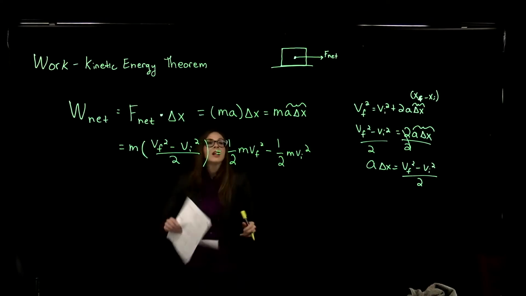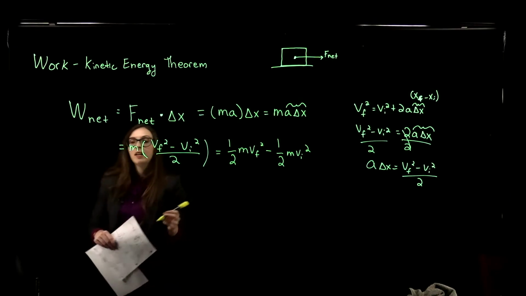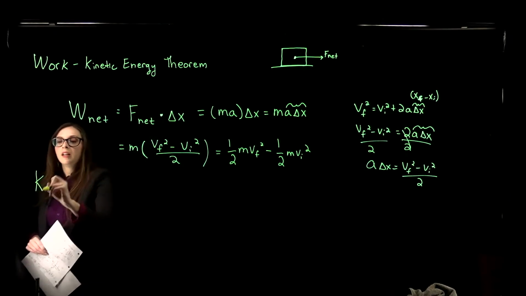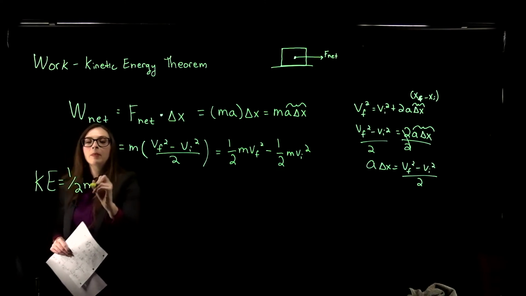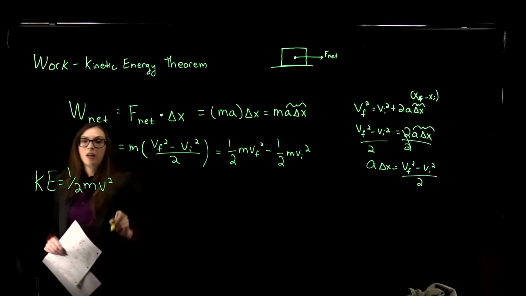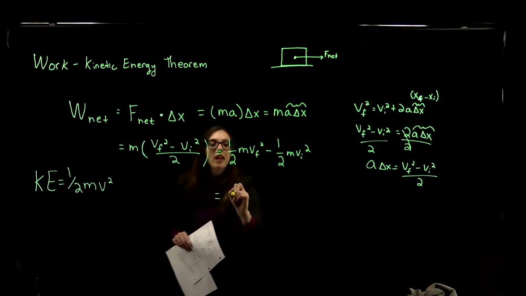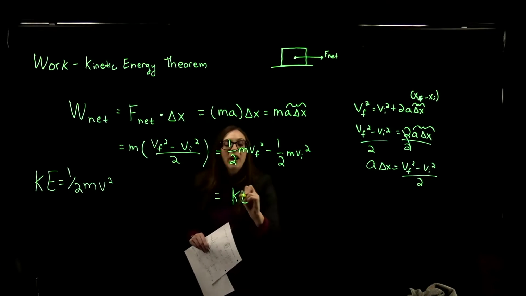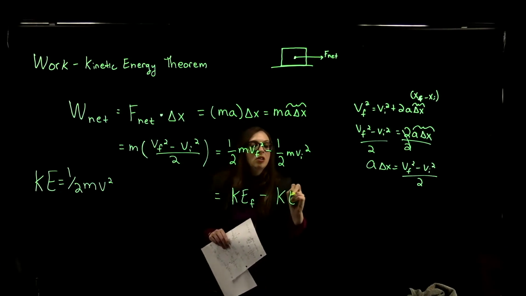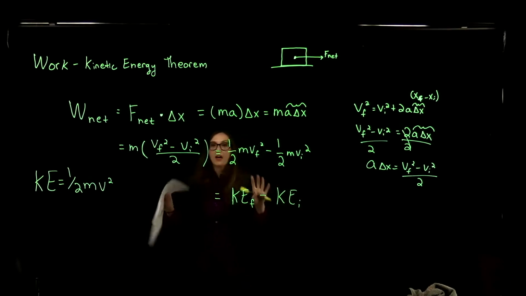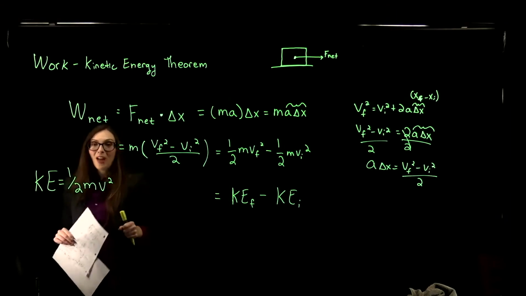You saw in your reading quiz this week that the kinetic energy, the energy we have with motion, equals 1/2 times the mass times the velocity squared. So these terms are the same thing as our final kinetic energy of our system minus the initial kinetic energy of our system after we change position, after we move with some velocity.